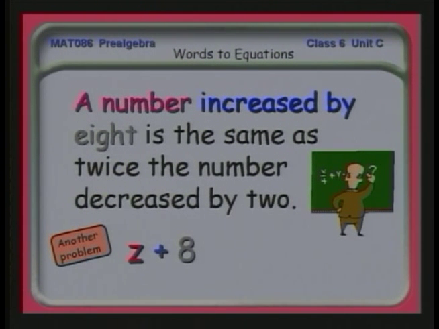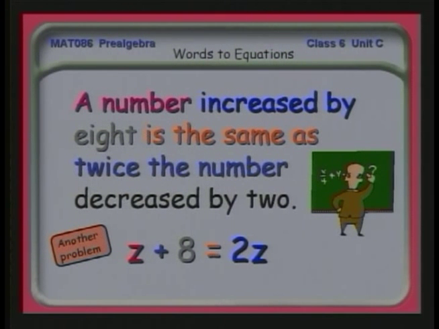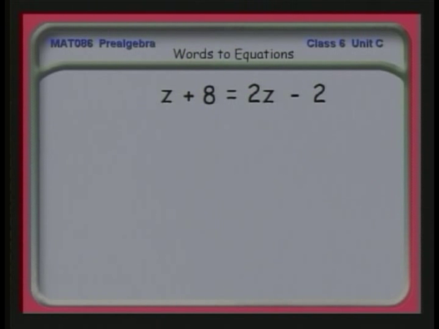Is the same as, that's the equal sign, twice the number decreased by 2. There's the twice the number decreased by 2. Now we have our equation translated from the English, and we can go through and solve this equation. z plus 8 equals 2z minus 2.